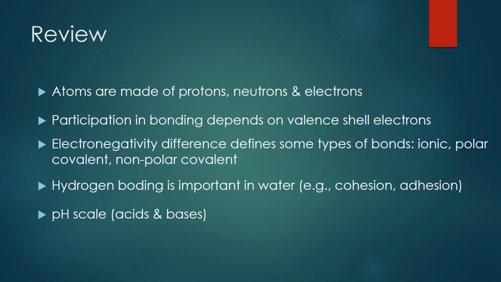Hydrogen bonding is a fourth type of bonding that is important when we're talking about water. And you also learned how to apply the pH scale to gauge how acidic or basic an aqueous solution is. Low numbers on the pH scale indicate acids. Higher numbers above the neutral 7 signify bases.